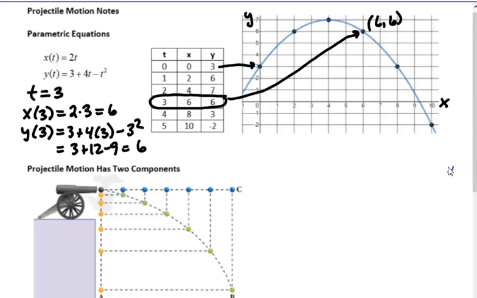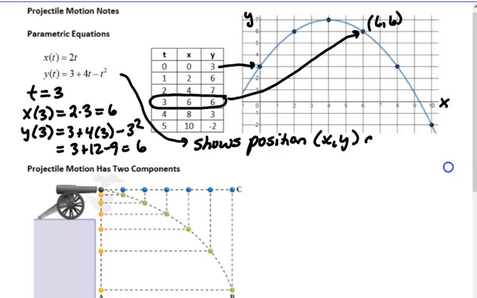So basically, this set of equations, this parametric set of equations, shows position x, y at a certain time t.